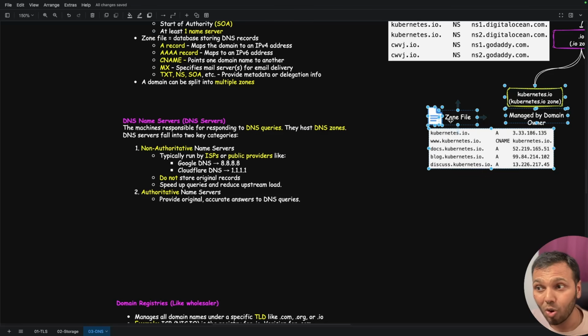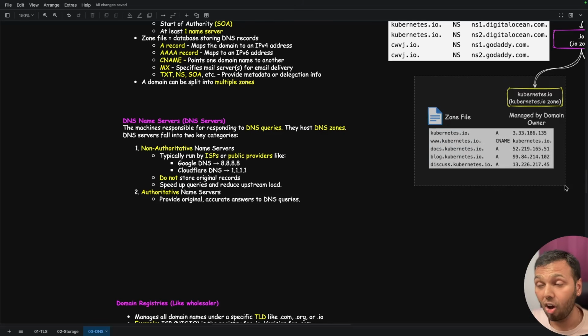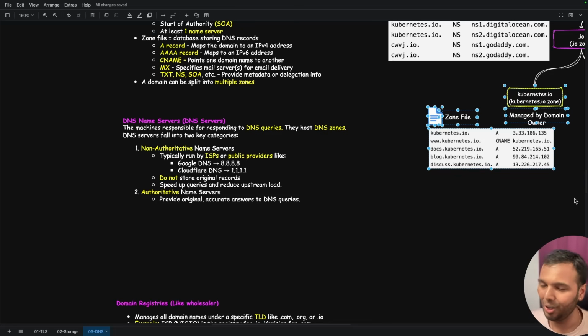This zone file has the information about the IP address of kubernetes.io. It has the definitive answer. This can be thought of as the single source of truth. Hence, the name servers hosting this file are the authoritative name servers for kubernetes.io. That is the textbook definition: provide original, accurate answers to DNS queries.